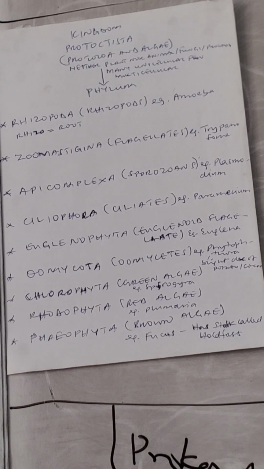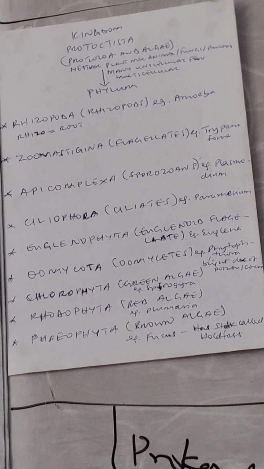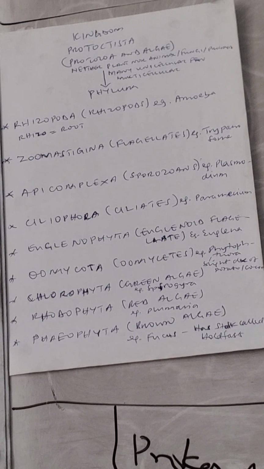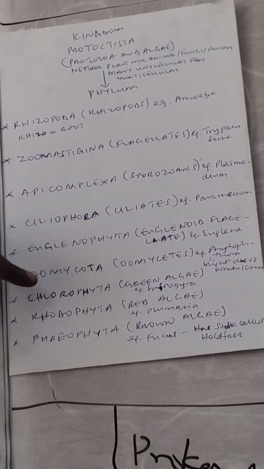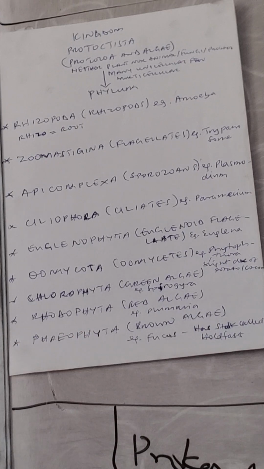So this is the classification. So this is kingdom Prototista, okay? So we have the Rhizopoda, Zoomastigena, Apicomplexa, Ciliophora, Euglenophyta, Oomycota, Chlorophyta, Rhodophyta, Phaeophyta, okay?